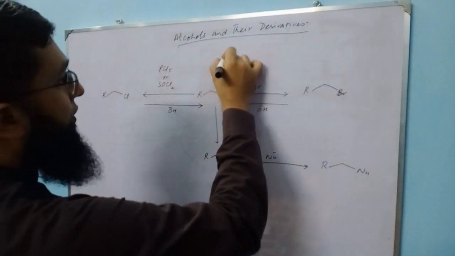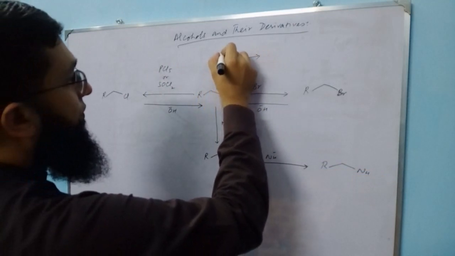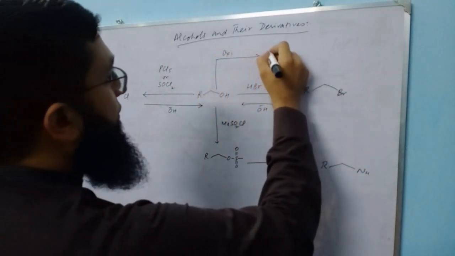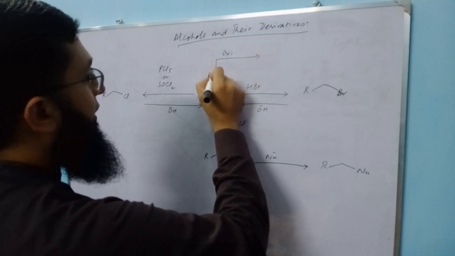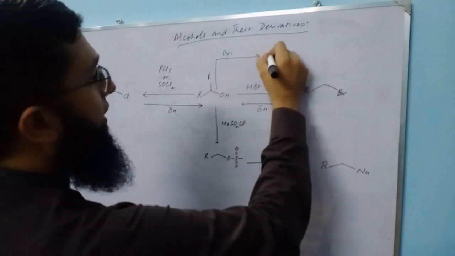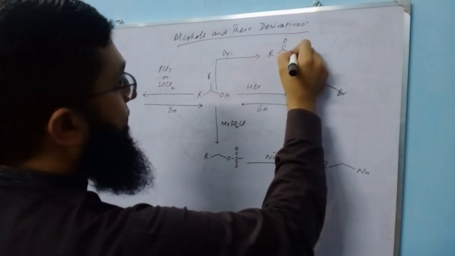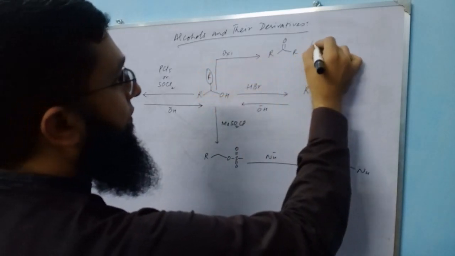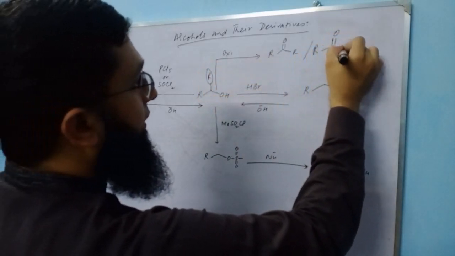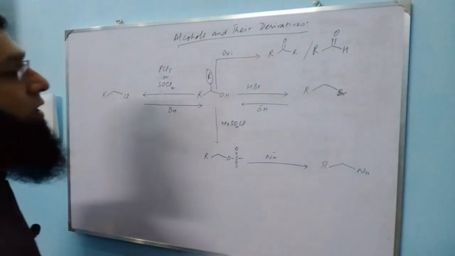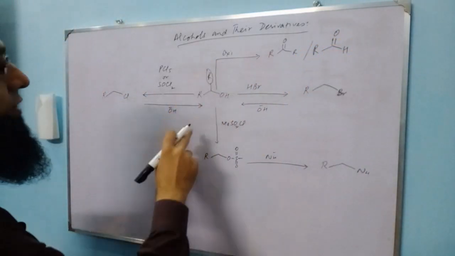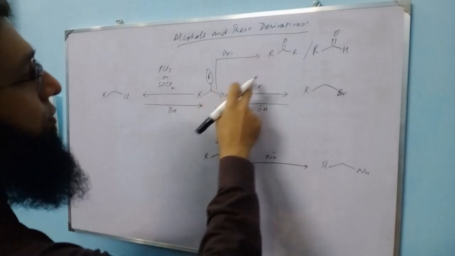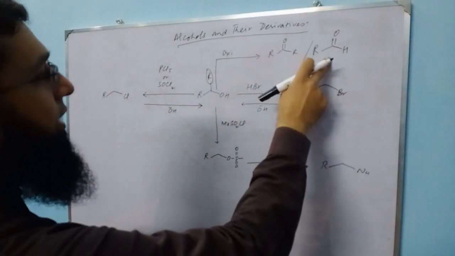Also it can be oxidized. If we have R here, in this case we can get ketone, or if R is not present we can get the corresponding aldehyde. So upon oxidation, this alcohol can be converted into ketone or aldehyde.